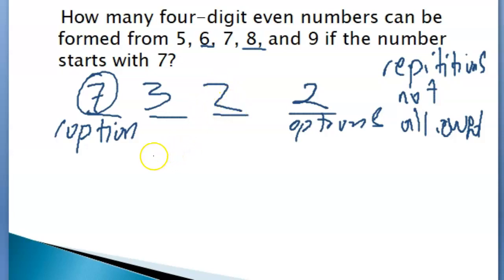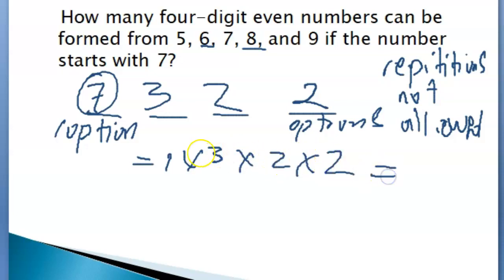So the solution would be, we're multiplying the options, that's 1 times 3 times 2 times 2. So 3 times 2, 6. 6 times 2, 12. So we can form 12 4-digit even numbers from these digits, 5, 6, 7, 8, 9.